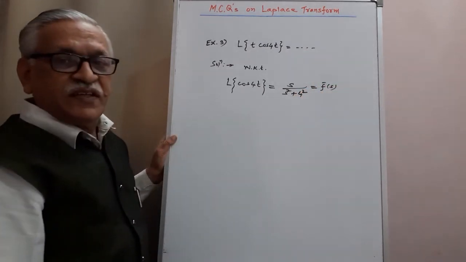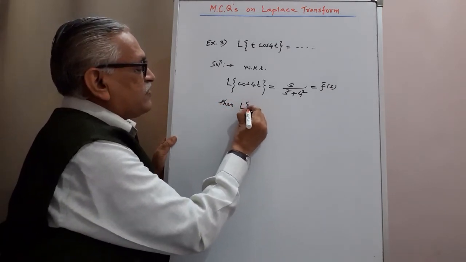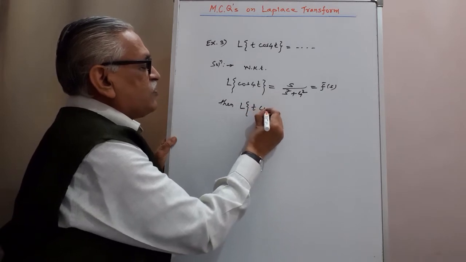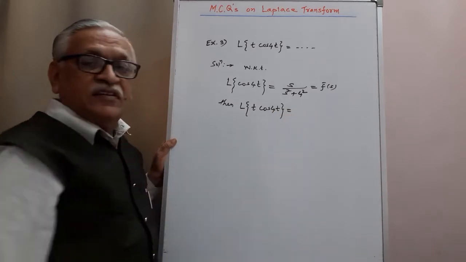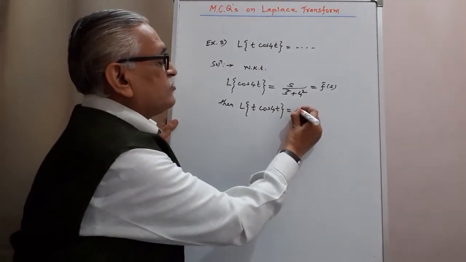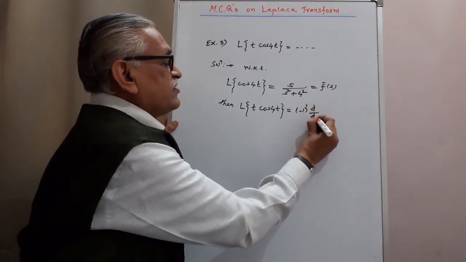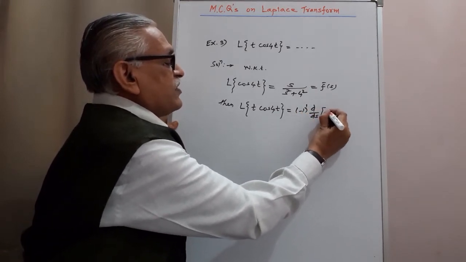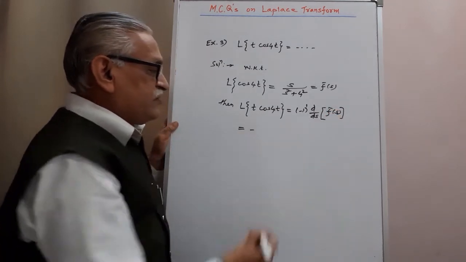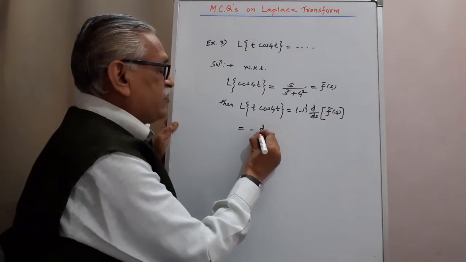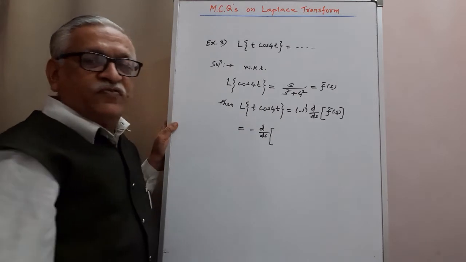Then the Laplace transform of t multiplied by cos of 4t is minus 1 raised to 1 d by ds of f bar of s, and therefore it is equal to minus the derivative of that Laplace transform, where f bar of s is s upon s square plus 4 square.